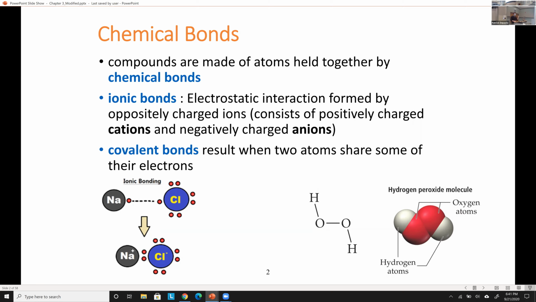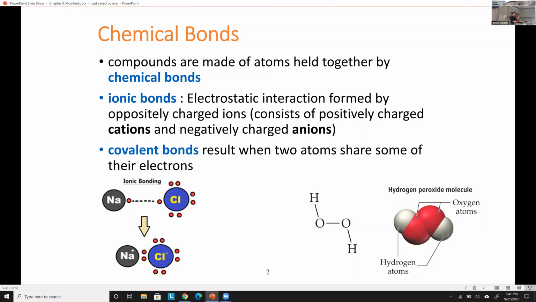So the way to tell yourself which rules to use is by first identifying what kind of compound it is, ionic or covalent, or an acid, which is another type we're going to learn today. Acids tend to be covalent and bases tend to be ionic, but they have a different naming scheme as well.